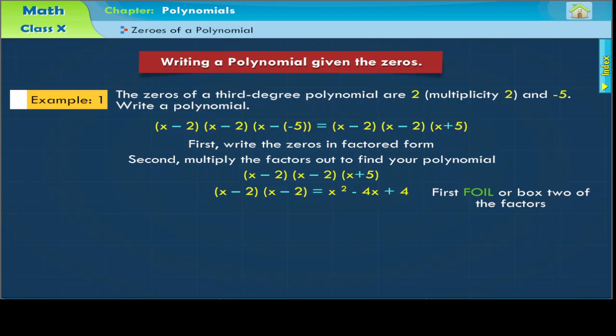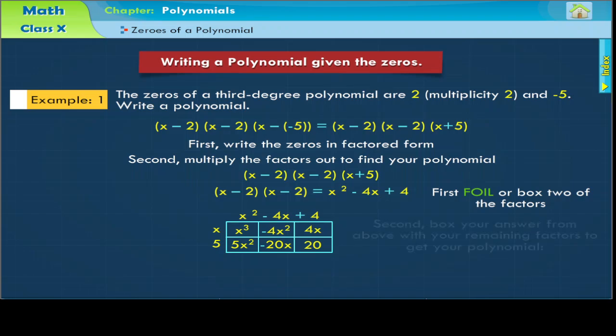First, FOIL or box two of the factors. Second, box your answer from above with your remaining factors to get your polynomial.